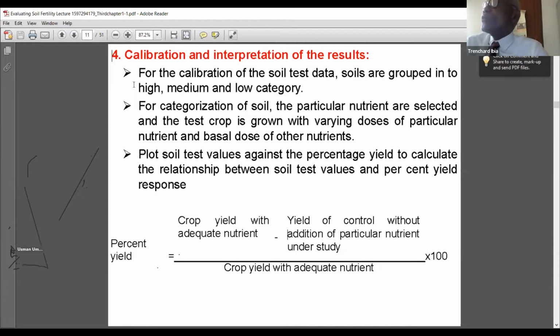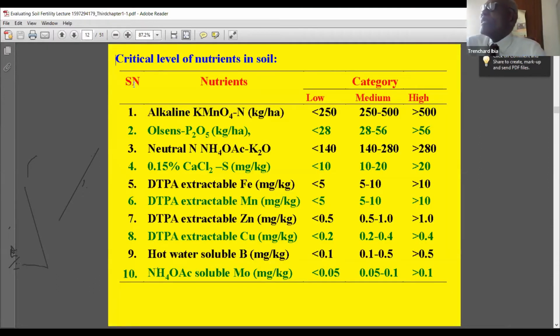Now, there's also critical level of nutrients in soils. This is a categorization of nutrients so that you can take decisions easily. And this has become very useful now with the soil test kits that NISS is trying to make penetrate Nigeria. And I can tell you that farmers and ADPs are very excited about them.